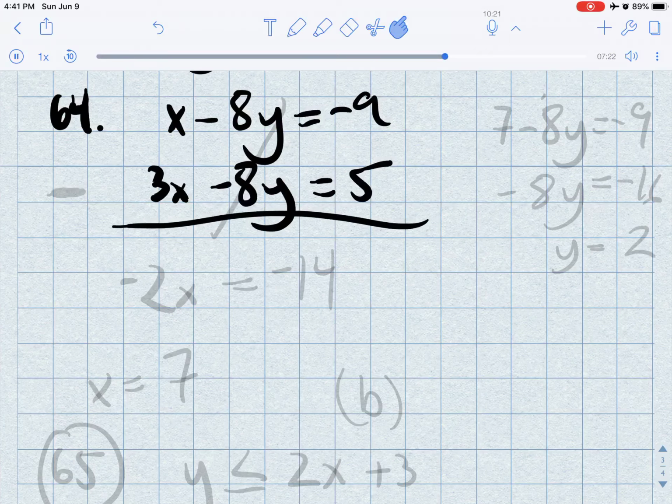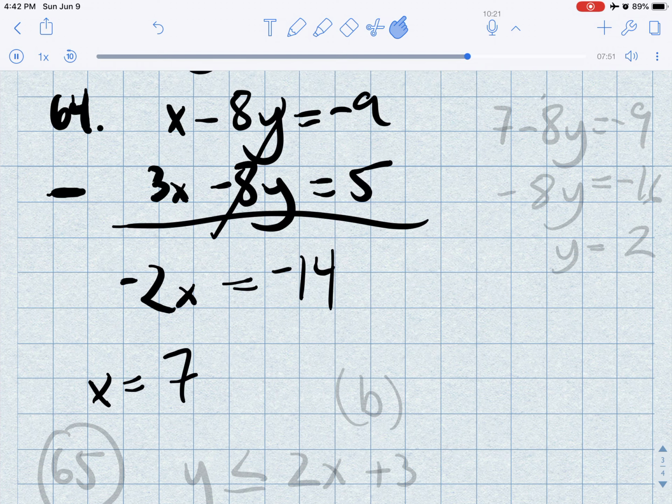You can't just add these because nothing will eliminate, so I will subtract them because a negative times a negative is a positive. So if I do x minus 3x, I get negative 2x. And if I do negative 8y minus 8y, I'm going to eliminate them. And if I do negative 9 minus 5, I get negative 14. Now we see negative 2 times the unknown is negative 14. So the unknown must be 7.